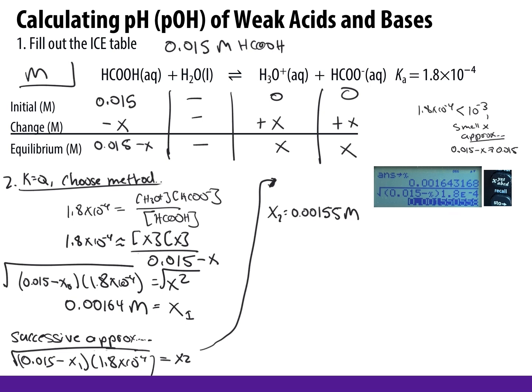Now I could store that and keep going, but in this case, if I look at it, I only have 2 sig figs in my answer, so I'm going to have to round this eventually to 2 sig figs, and to within 2 sig figs, I get 0.0016 molar for both. x1 was 0.0016 molar, and x2 was also 0.0016 molar. And so I am justified in stopping at this point. Or again, I could do one more cycle, but this is fine to stop.